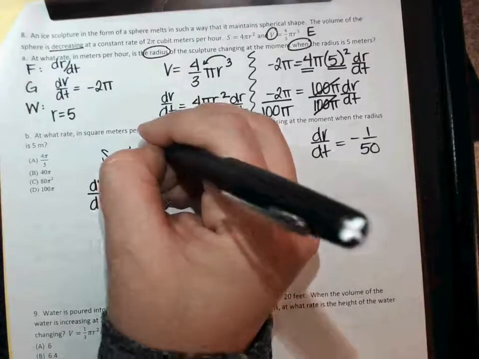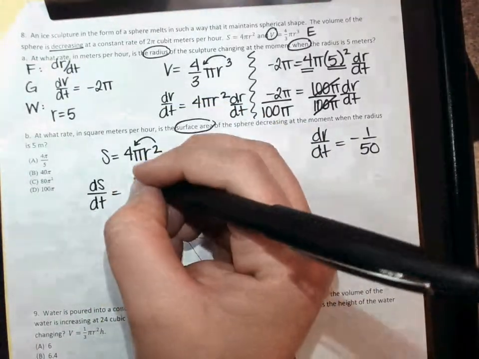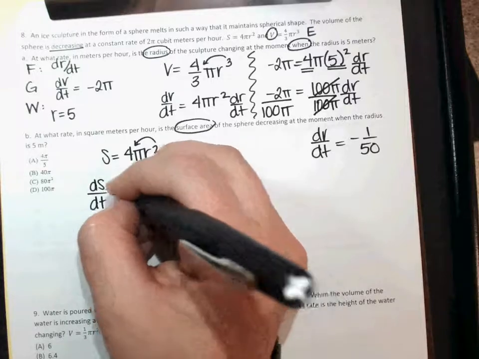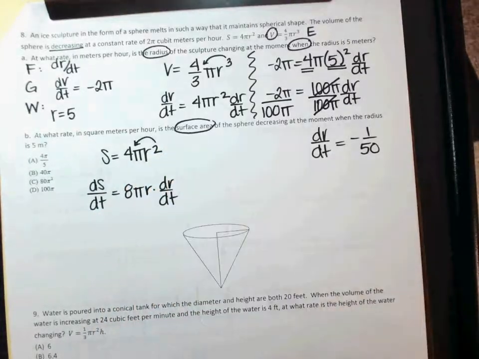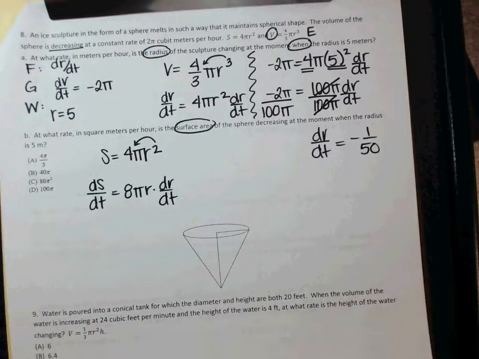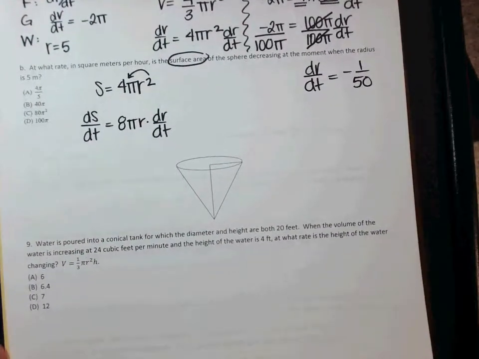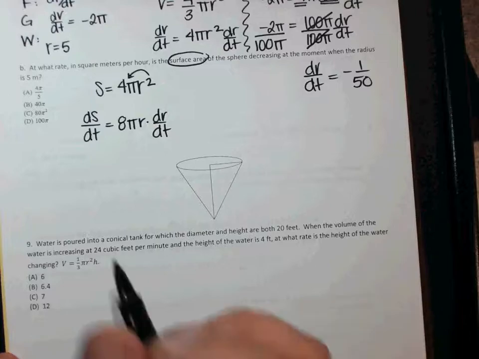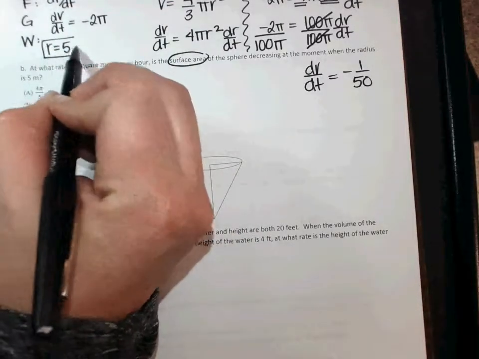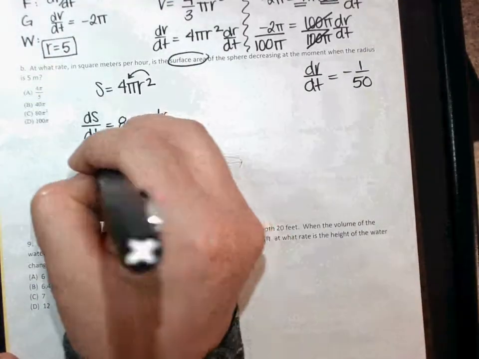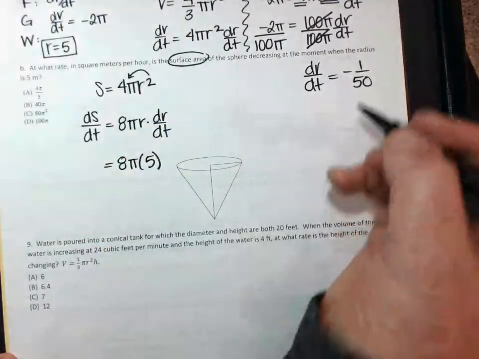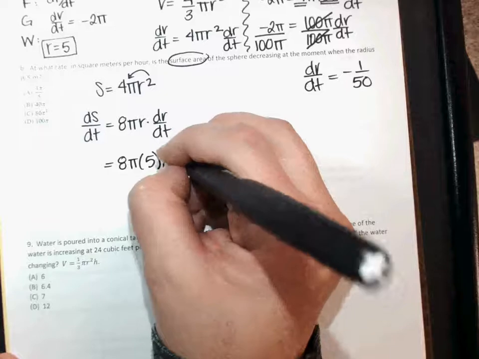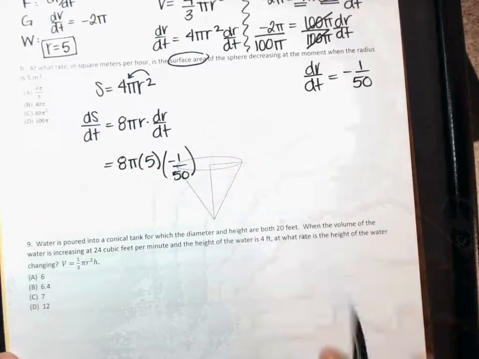Other side times the 2 down. 4 times 2 is 8. And then times dr/dt. And then our r was a what? 5. Yep, we're reusing this info from the other problem. So dS/dt equals 8 pi, r is 5, and then dr/dt was negative 1 over 50.